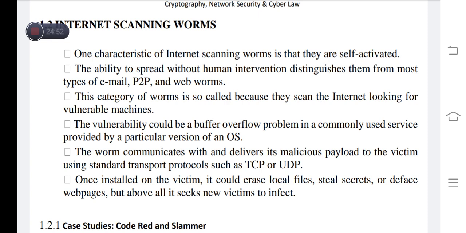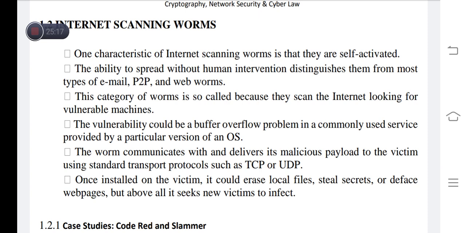Then the worm communicates with and delivers its malicious payload to the victim using standard transport protocols such as TCP or UDP. Once installed on the victim, it could erase local files, steal secrets, or deface web pages.